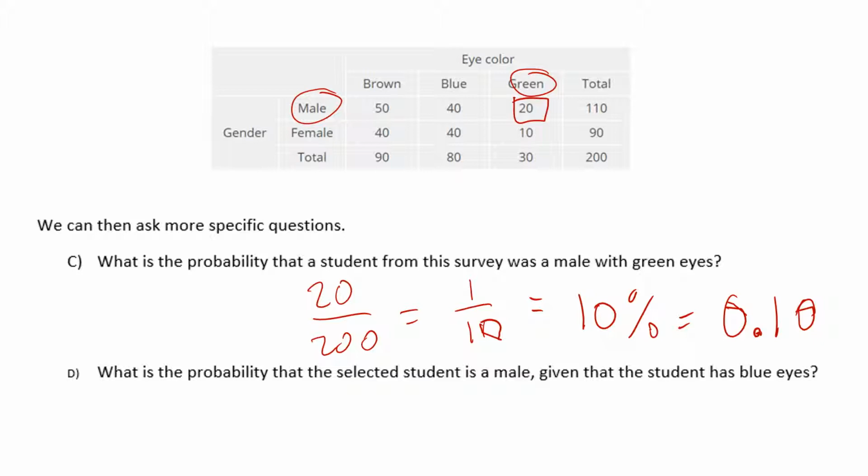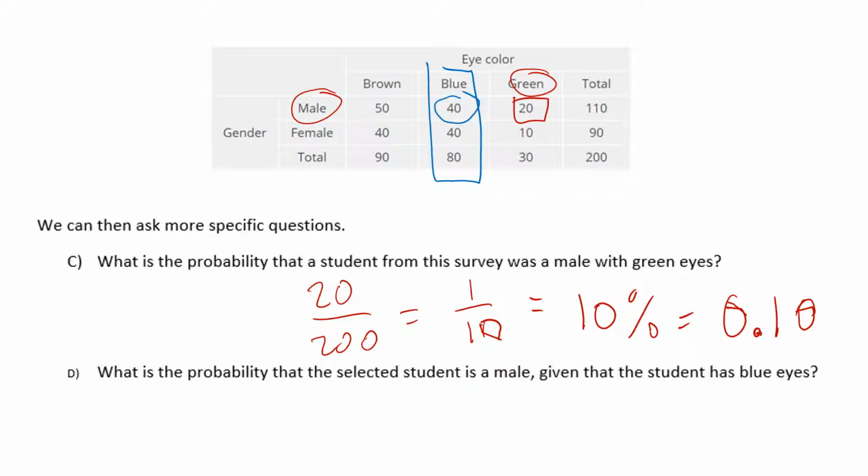And with D, what is the probability that the selected student is a male given that he has blue eyes? So we're given that the student has blue eyes, so we're looking at that column. What percent is it that it's going to be male, or probability of a male?